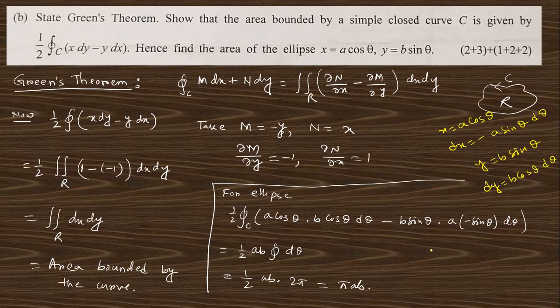Clear? Just put these values in and integrate, and we will get the integral of d theta. The cyclic integral of d theta will give you 2 pi. That's why this value will be pi ab, the area of this ellipse. So by using this formula, you can find the area of any closed curve. Go to the next question.